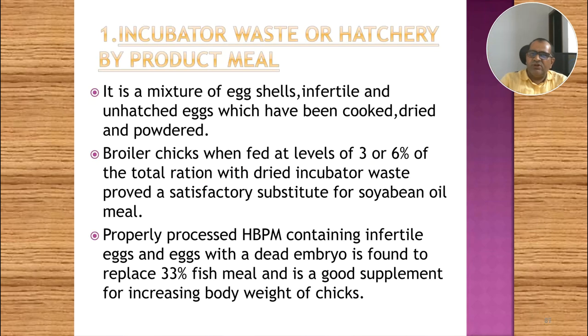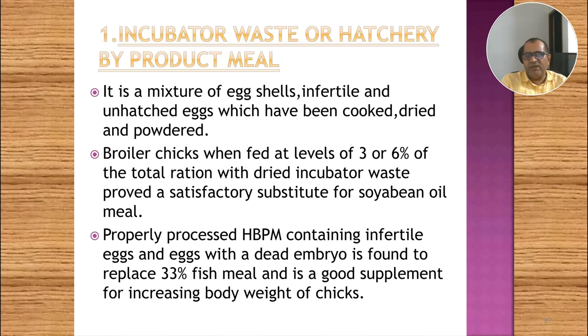Then animal byproducts like incubator waste or hatchery byproducts can also be used, such as eggshells, then infertile and unhatched eggs which have been cooked, dried and powdered. Then broiler chicks, when fed at a level of 3 to 6% of the total ration, the waste produced by them can be a substitute for the soybean oil meal.